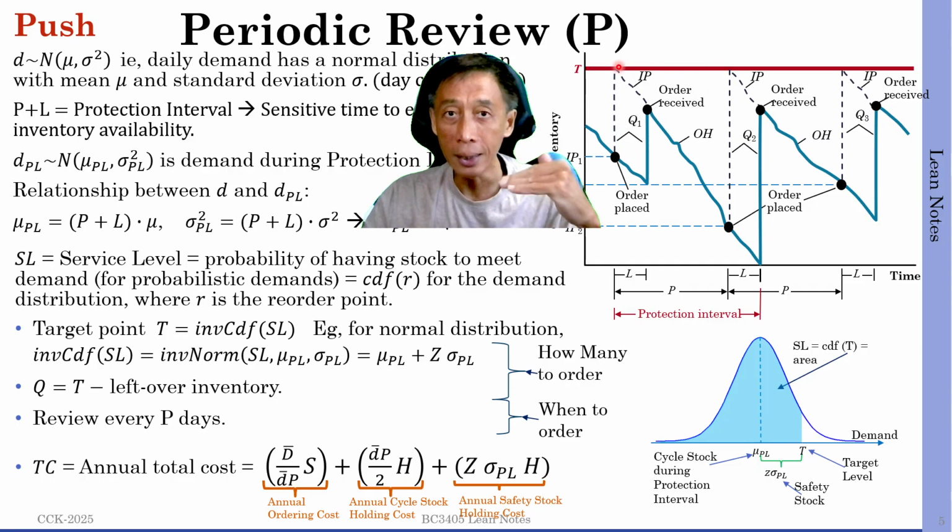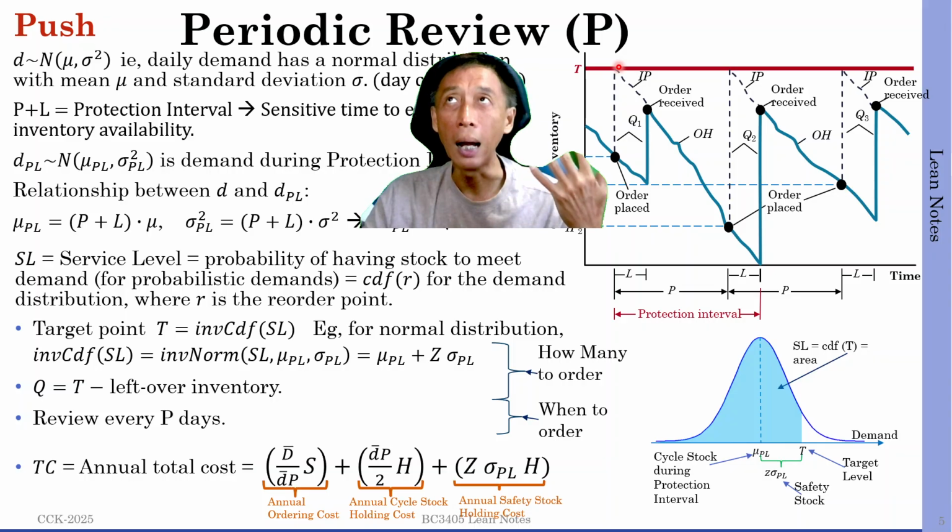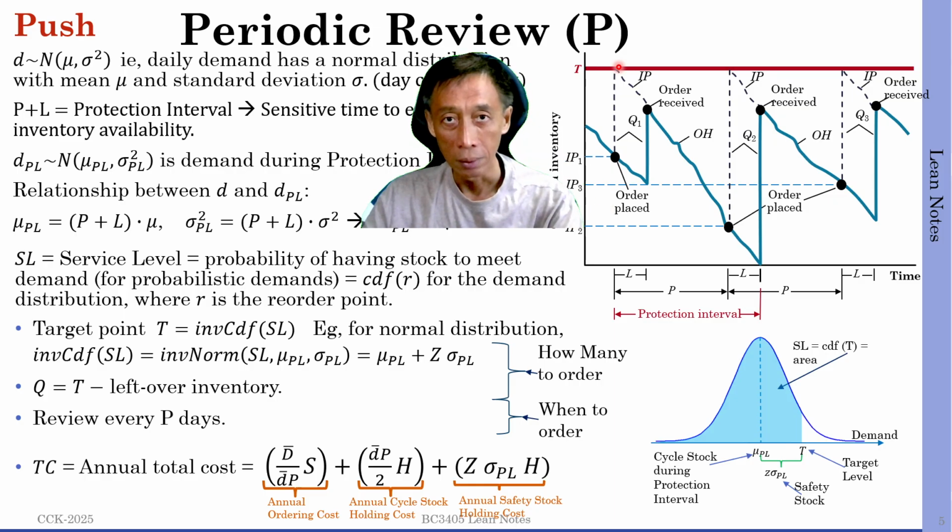Okay. So target point is the top of the top, the target line. The higher you want your service level, remember what service level? I want to have a high chance of meeting my customers' demands, whatever demands they want, whatever quantity they want. Then you better have more reserve. And your target point here better be set at a high number so that high number minus whatever you have counted, you tend to order more, right?